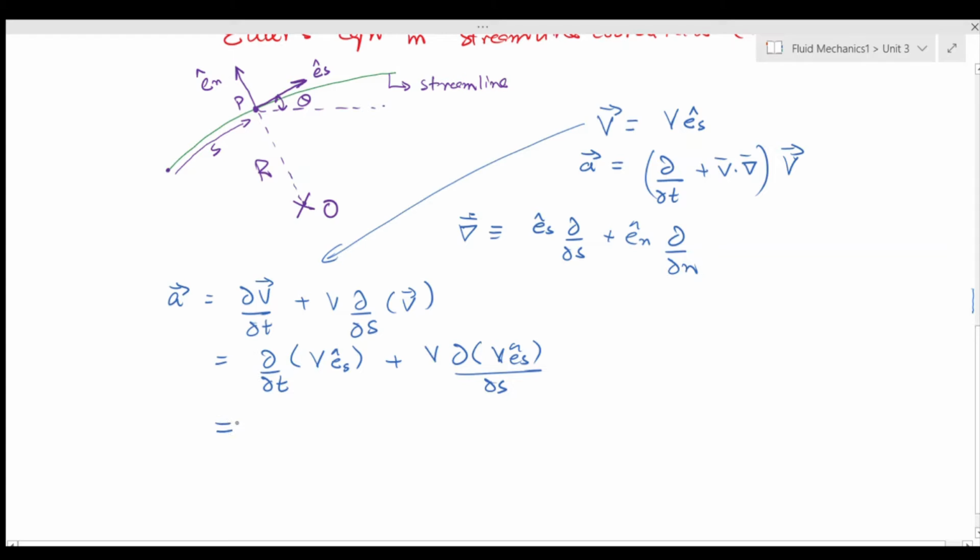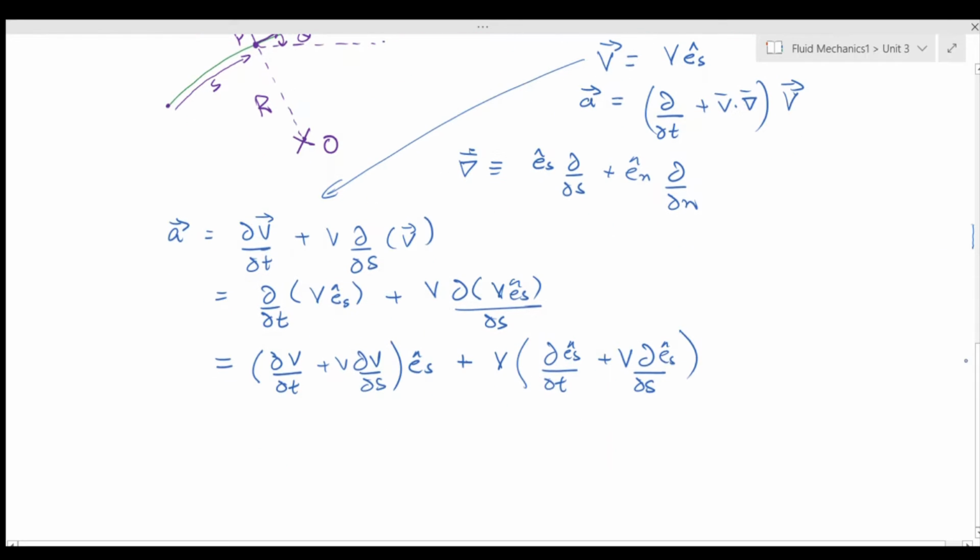If I rearrange and do differentiation by parts, I would get del V by del T plus V del V by del S Es, that is the Es component, and V times del Es by del T plus V del Es by del S. Now I need to find values of different parts. So what is del Es by del T?